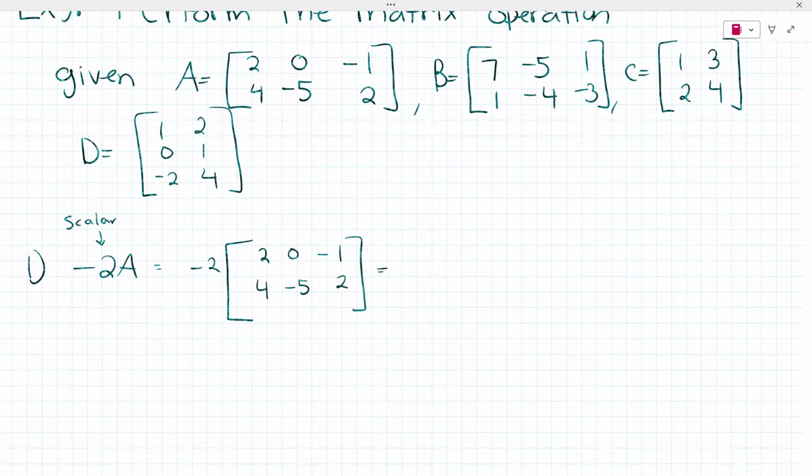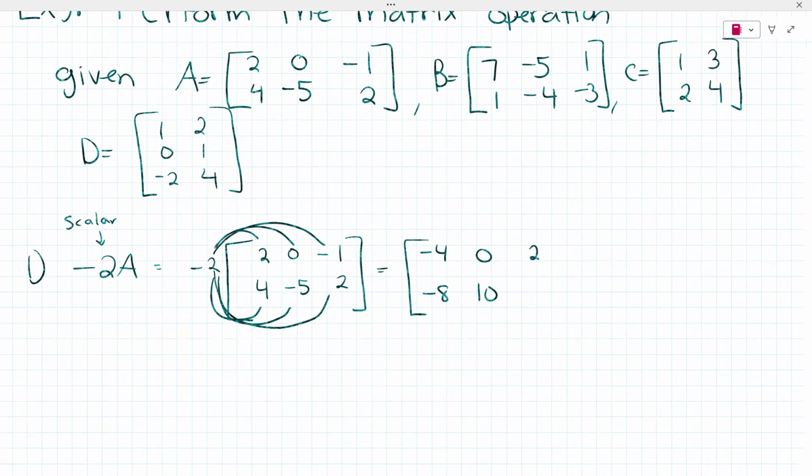So when you multiply out this negative 2, this is going to be negative 4, negative 2 times 0 is 0, negative 2 times negative 1 is positive 2, negative 2 times 4 is negative 8, negative 2 times negative 5 is positive 10, negative 2 times 2 is negative 4. Okay, so negative 2A is going to equal this matrix. As you can see, it doesn't change the order, it just changes by the scalar.